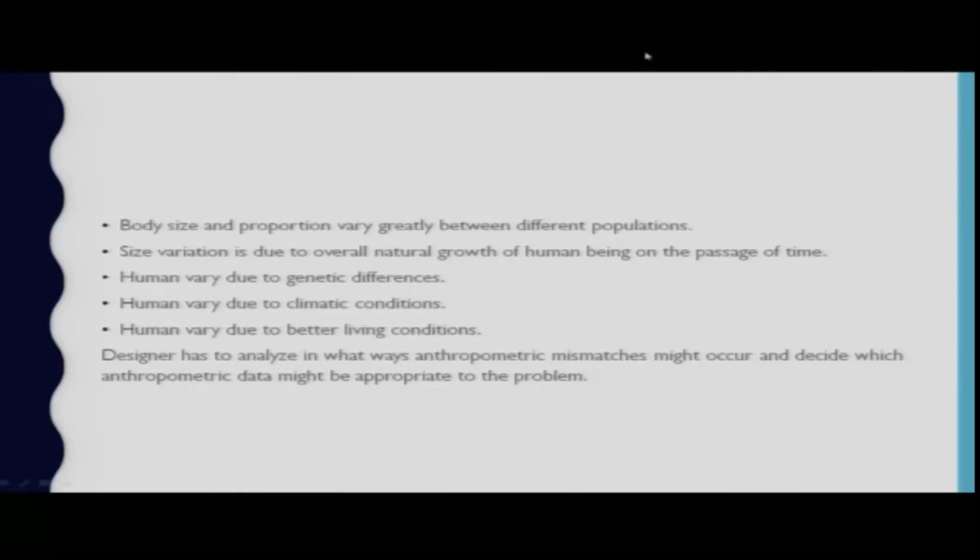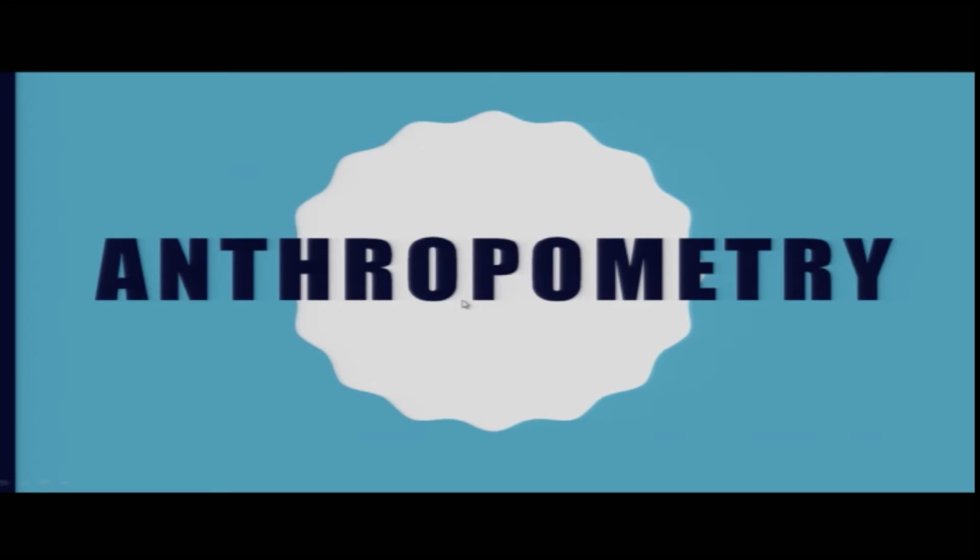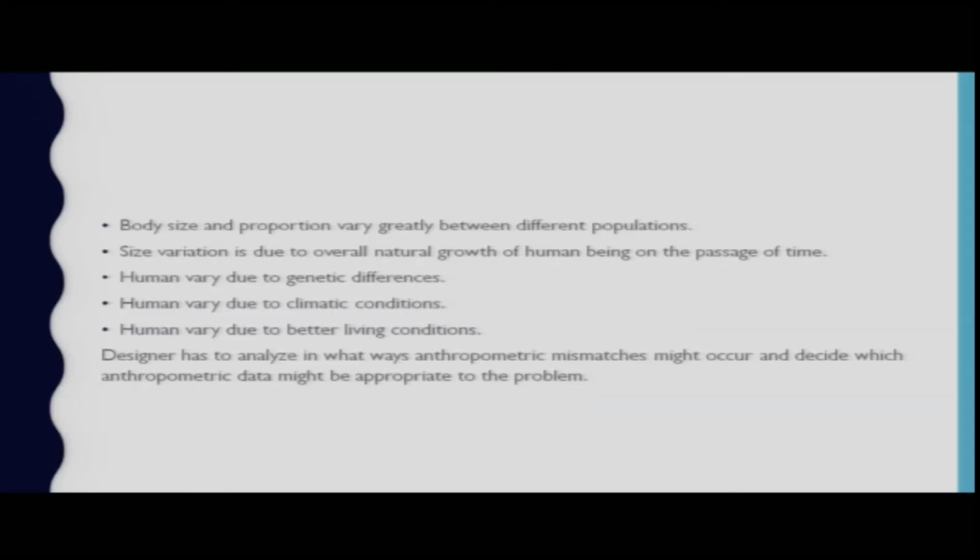Body size and proportion vary greatly between different populations. Size variation is also due to the overall natural growth of human beings with the passage of time. Humans also vary due to genetic differences, due to climatic conditions, and due to better living conditions.